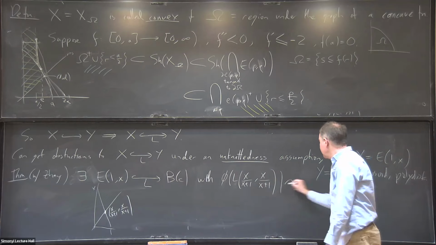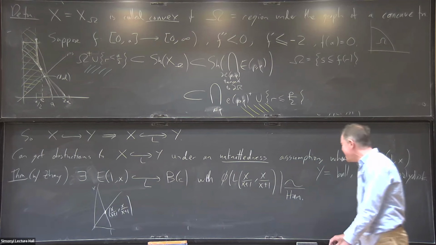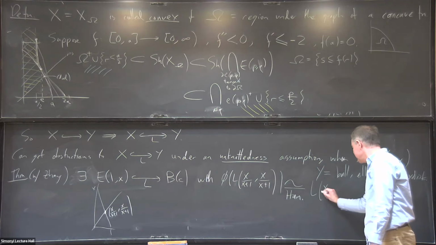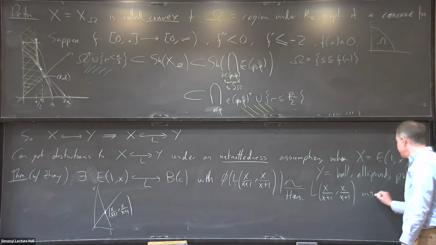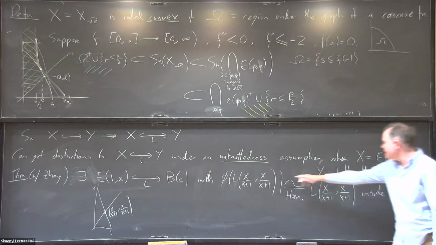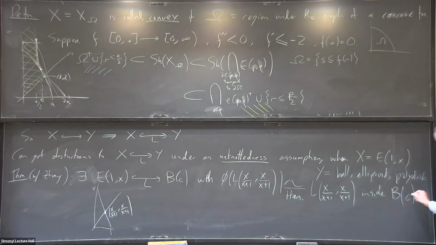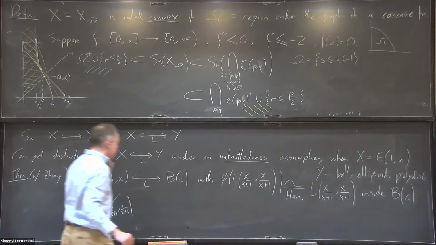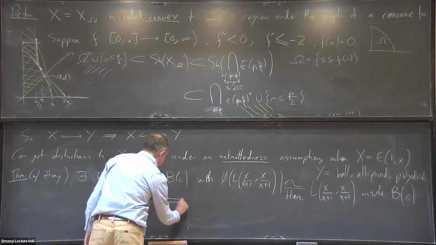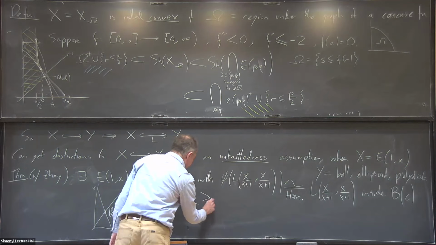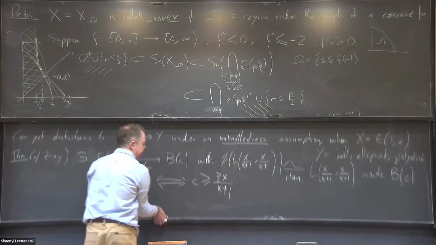In other words, it's Hamiltonian isotopic to the inclusion of x over x plus 1 inside the ball. For sure, it's isotopic to this inside C2, but I want the isotopy to have support inside the ball. So I'm getting obstructions with this kind of extra hypothesis here, if and only if C has to be bigger than 3x over x.